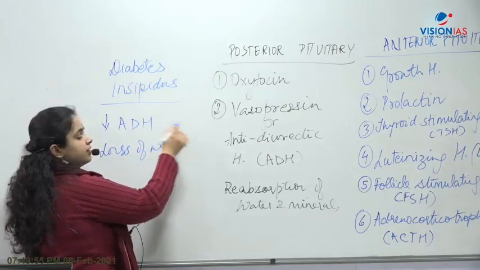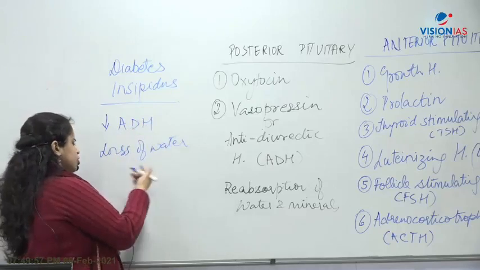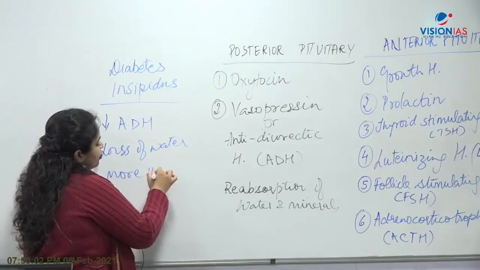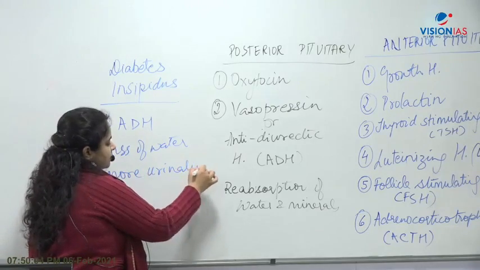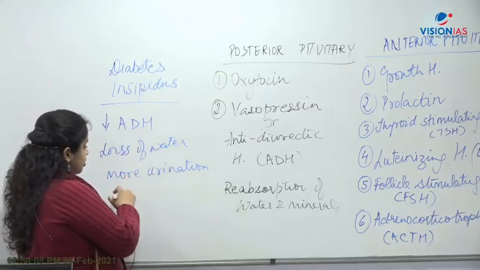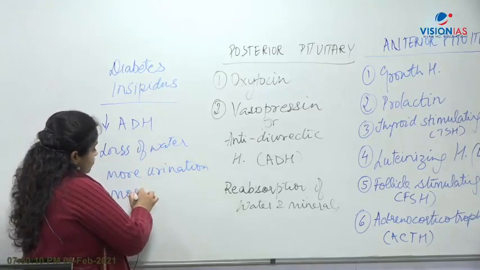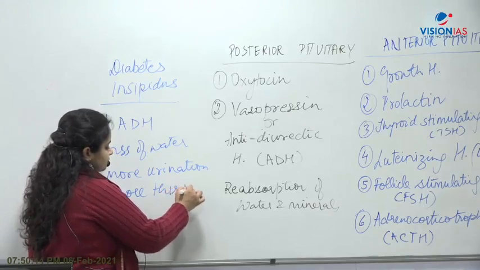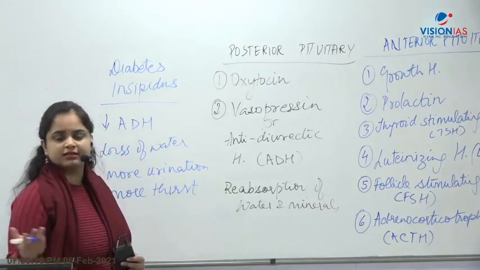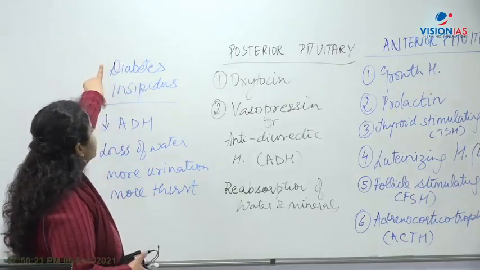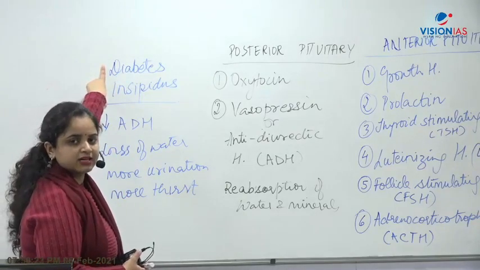Then you can go further to understand this as more frequent urination, because more water has to be removed from the body. That also means more thirst, so you're thirsty all the time. All of this would be a disease called diabetes insipidus.